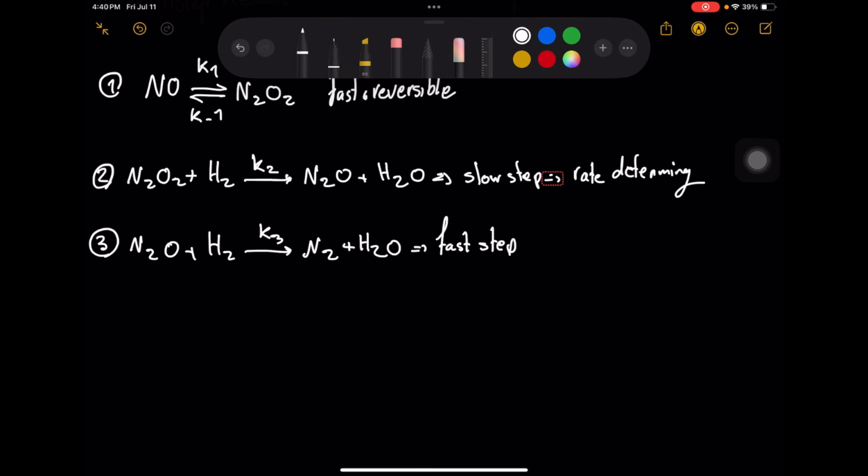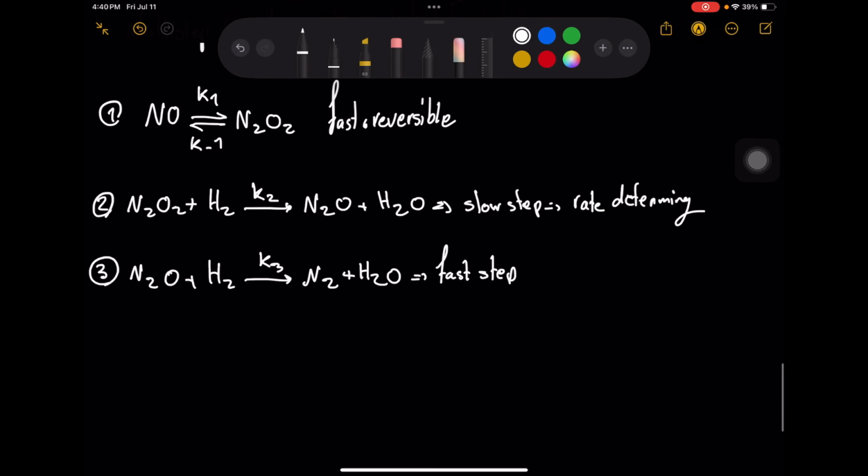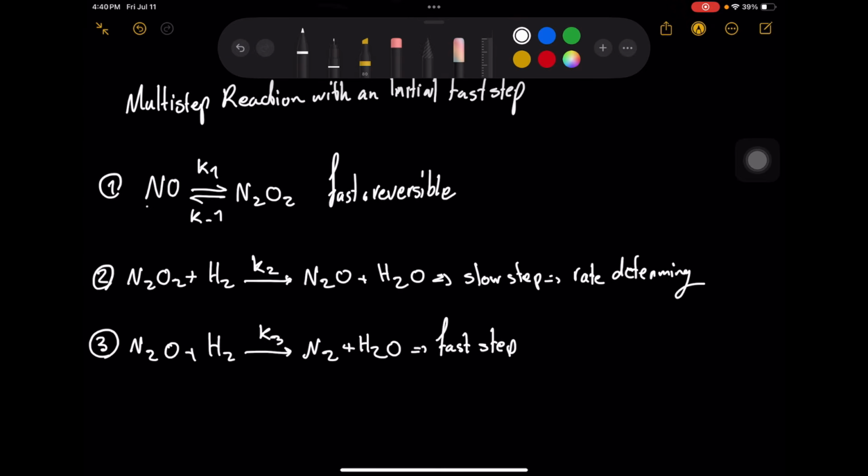Notice that we do not call this termolecular, because having 3 elementary steps does not determine that we have a termolecular or bimolecular reaction. It depends on the number of reactants. In this case, this one is unimolecular, this one is bimolecular, and this one is bimolecular, and we have 3 elementary steps here.